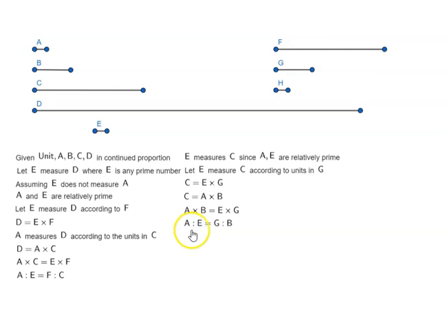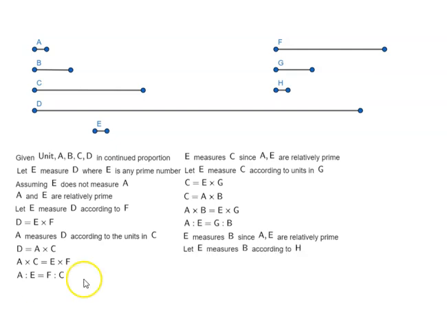A and E are relatively prime. They are the least numbers in that ratio, which measure numbers in the same ratio the same number of times. So that means A measures G, E measures B, the same number of times. So we can say E measures B since A and E are relatively prime.